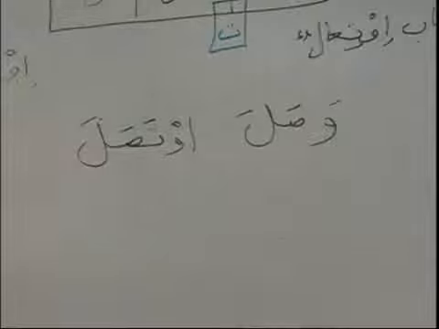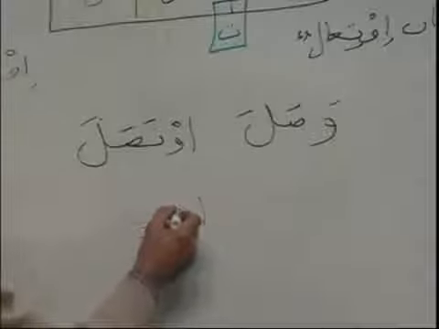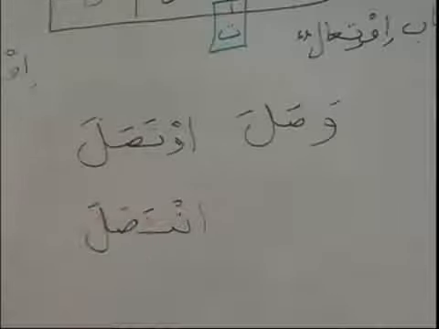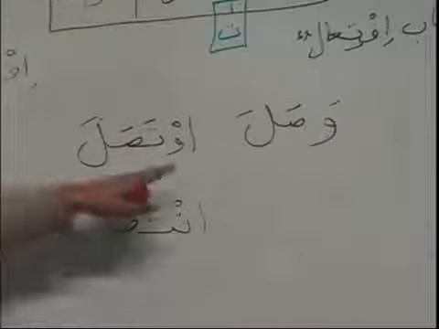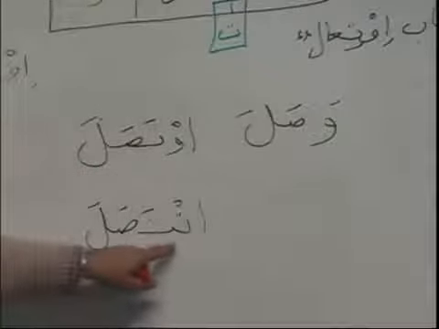Now the waw, which is the fa kalima, changes into ta. It becomes iwtasala, changes into ittasala. So how will you now?